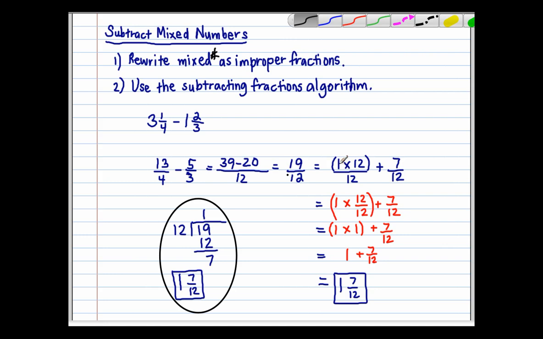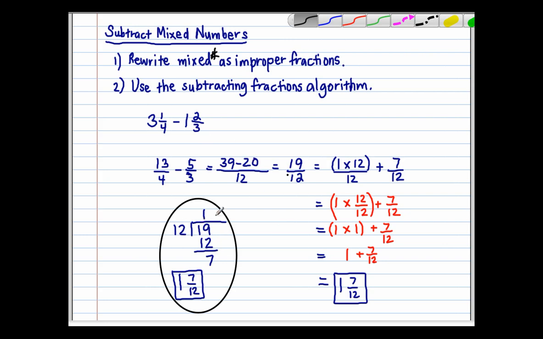Therefore, how many wholes can I get out of 19 twelfths? Well, I can take out one set of 12 twelfths, and that means that I have one whole, and I have 7 twelfths remaining after that. Therefore, 1 times 12 twelfths gives me 1 times 1, because 12 divided by 12 is 1. And 1 plus 7 twelfths is the same as 1 and 7 twelfths, because "and" means to add.